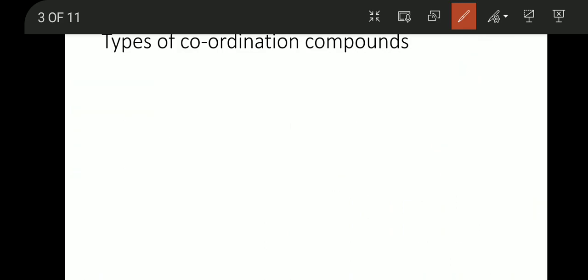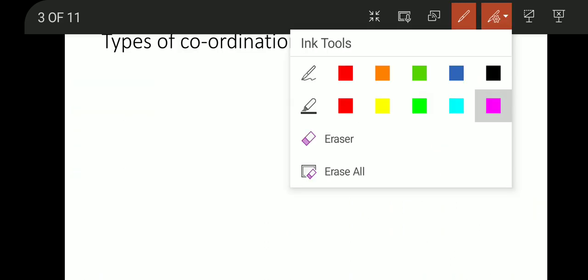Then let's take a neutral coordination compound.